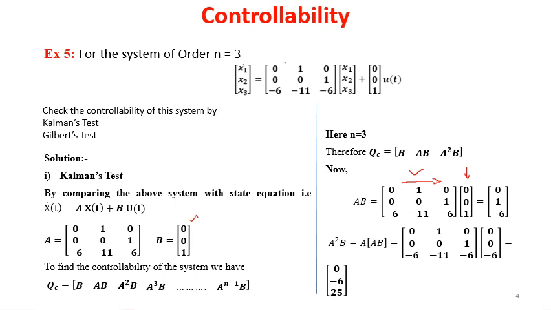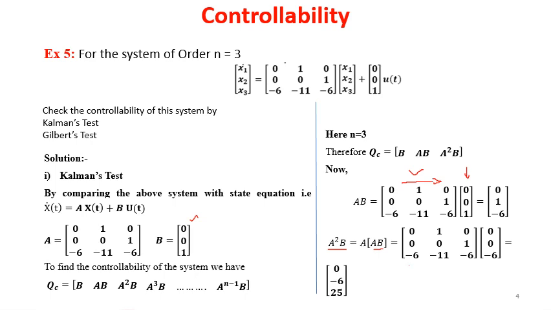It will reduce your time, and moreover it will eliminate some mistakes or errors which may occur when you are doing it manually. Next one is A square into B. A square B can be written as A multiplied by AB.